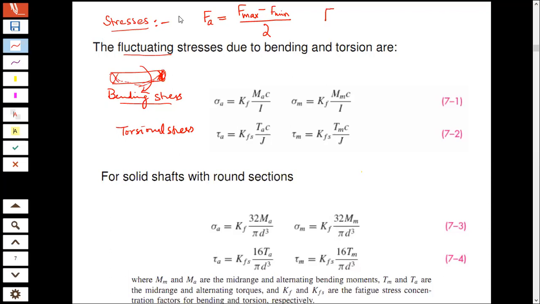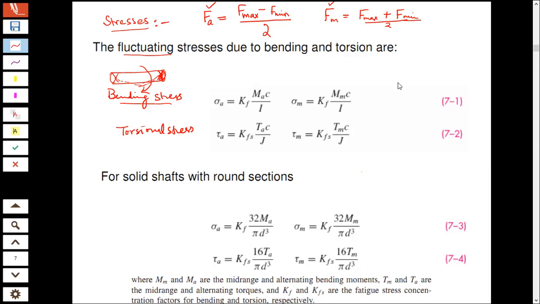And then the component which is called the mid-range force, Fm, is equal to F max plus F min, the average or the mean of these two forces, divided by 2. Okay? And the stress associated with the alternating force is known as the alternating stress, and the stress associated with the mid-range force is known as the mid-range stress.